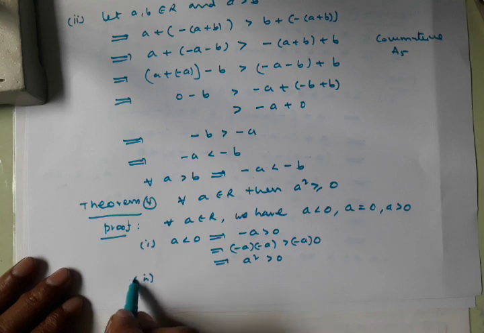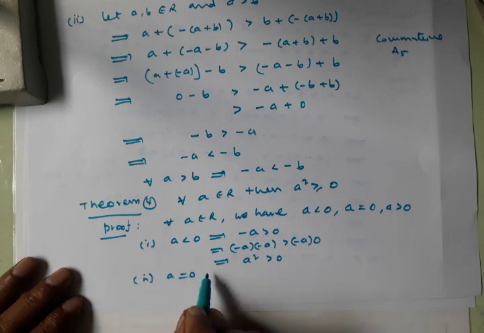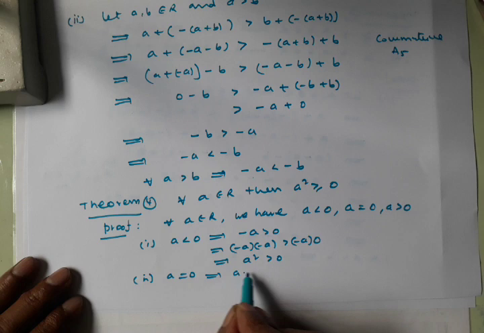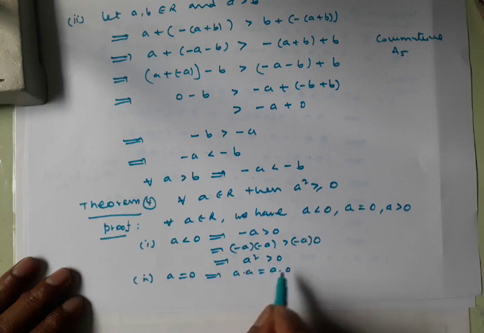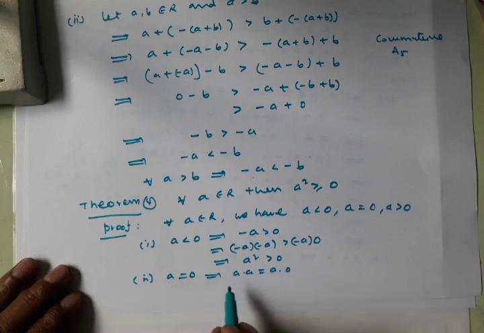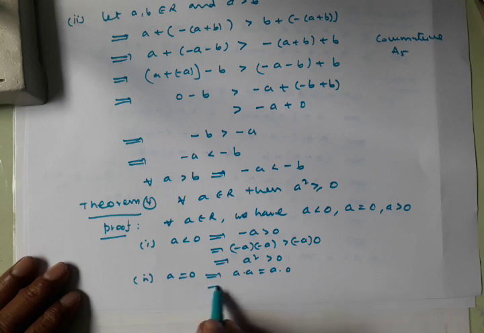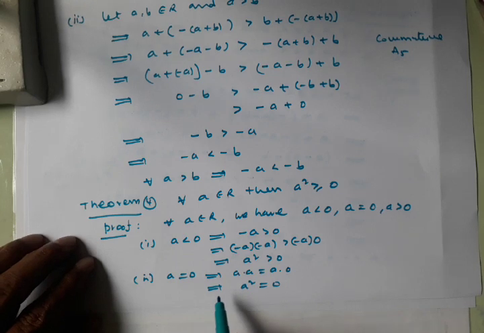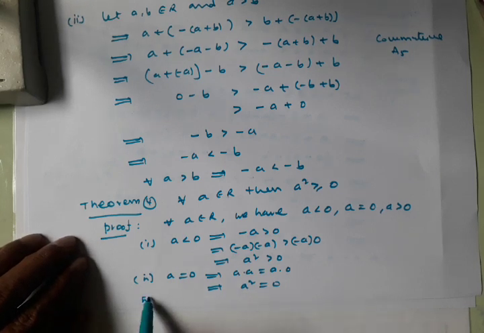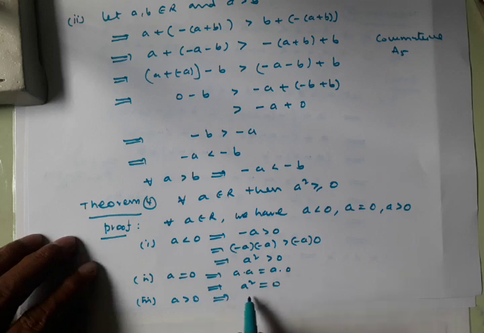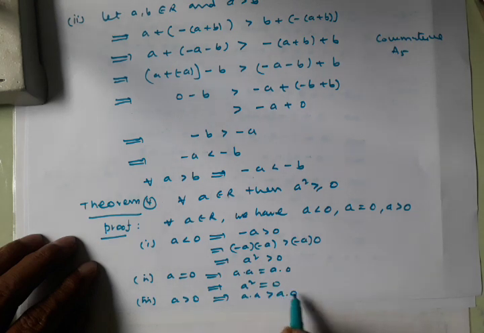And second one, a is equal to 0 implies a into a is equal to a into 0. This we can multiply with left on both sides. By left cancellation law, that also is true. Is equal to 0. So a square is 0. Right. Next, third we take a greater than 0 implies multiplying with a on both sides, a into a is greater than a into 0.